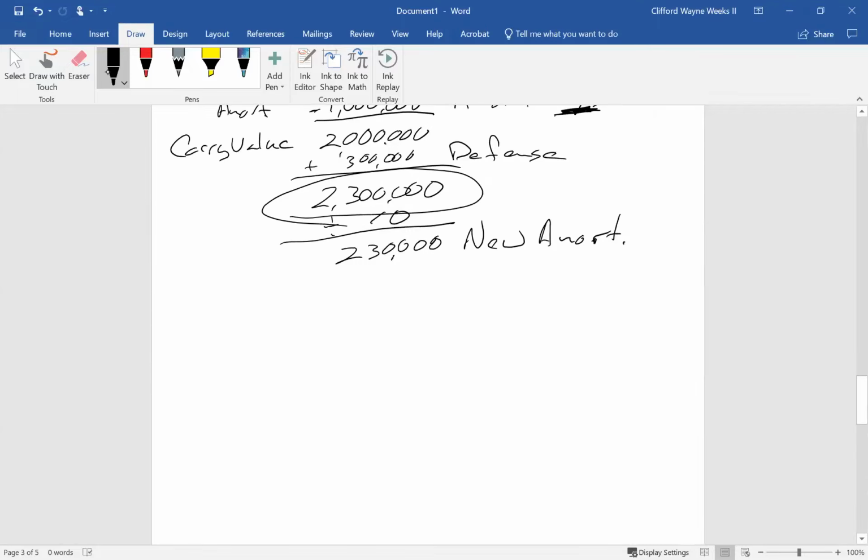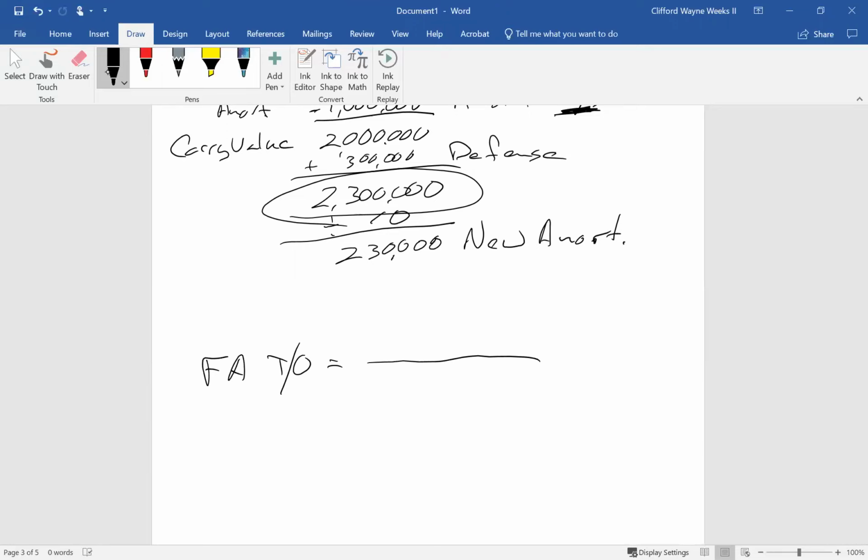Well, the last thing in our chapter is this thing called the fixed asset turnover ratio. We've talked about other turnover ratios before. If you remember, they always, in the name, give you the denominator.